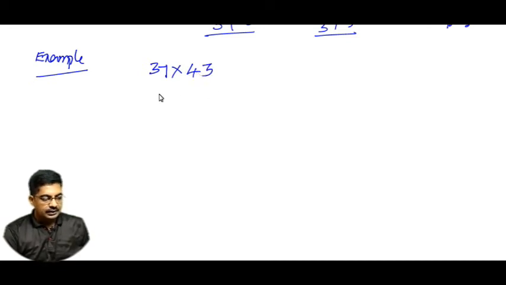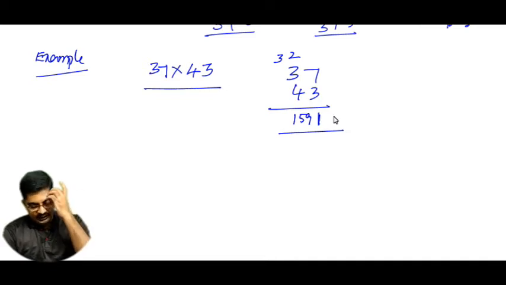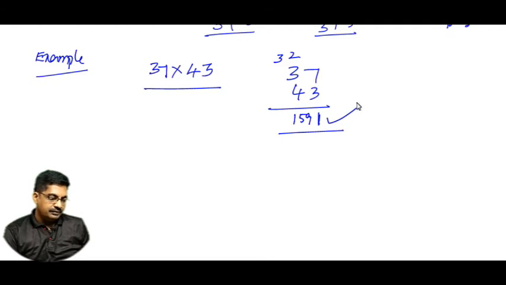In the Vedic method, 37, 43: 7 3s are 21, 1 you write down, 2 is the carry. 3 3s are 9, 7 4s are 28, 28 plus 9 is 37, plus 2 is 39. 3 is the carry now. 3 4s are 12, plus 3 is 15. So the answer is 1591. Just by seeing and making the calculations in the mind, we come to the answer 1591.